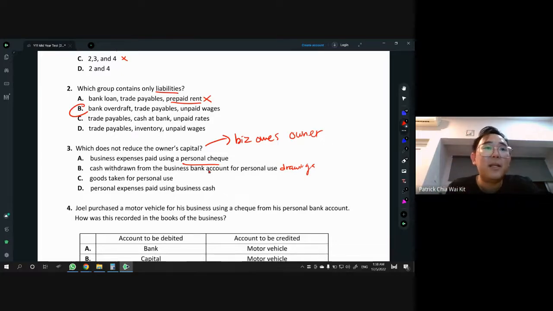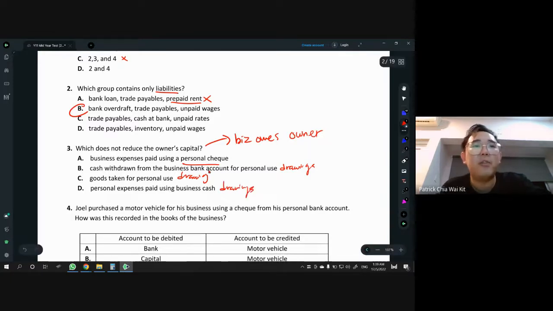Goods taken for personal use. Wait, this is also drawings. Did I read wrongly? Sorry. Personal expenses paid using business cash. Oh yeah, all these are drawings. My bad, I read it wrongly. So the rest of the answers are all drawings, which will definitely reduce the owner's capital, because the owner already took money to pay for his own stuff.